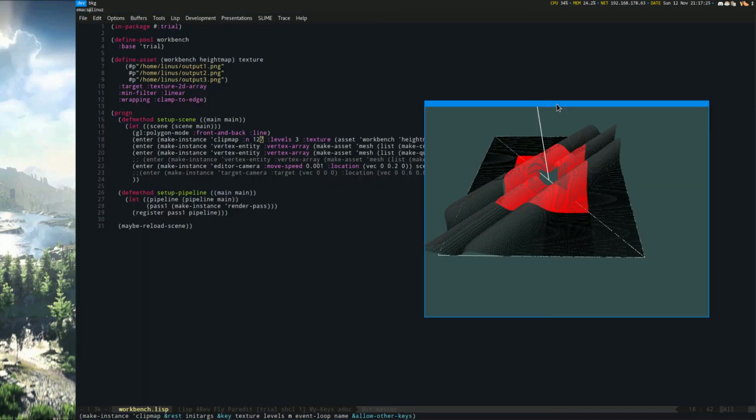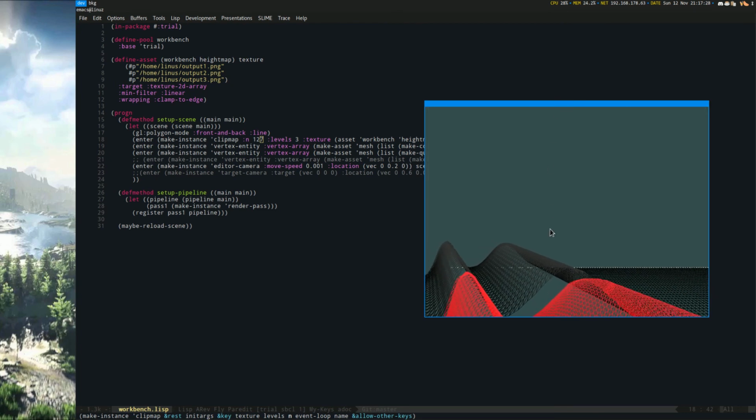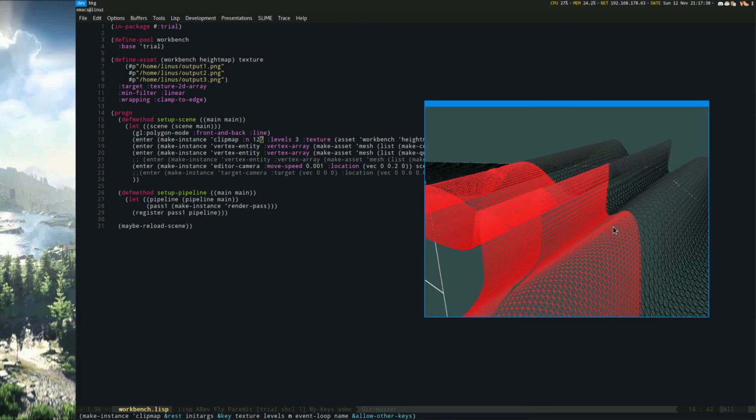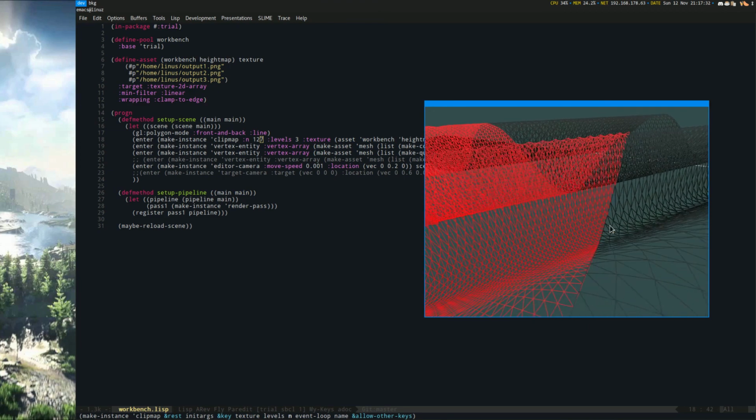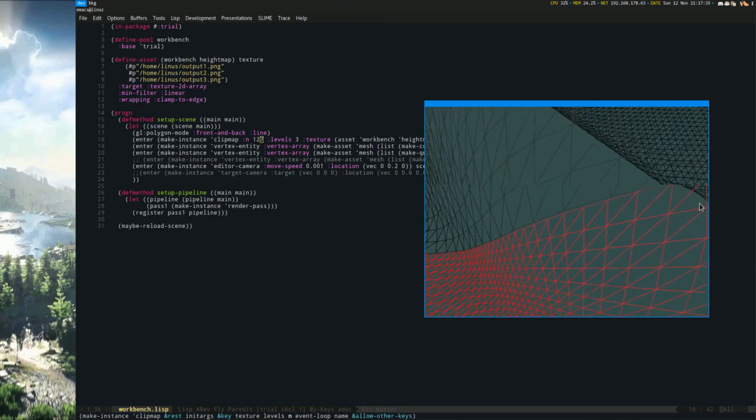Hopefully we now have the correct size everywhere. Still not squiggly smooth.